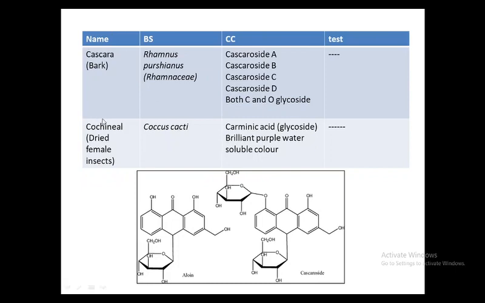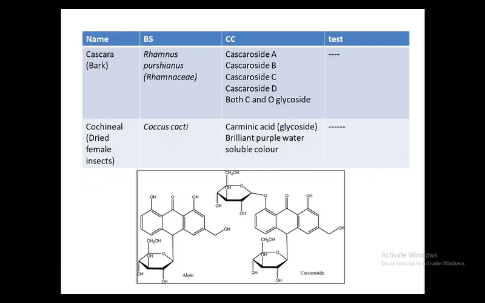Next, another example, that is cochineal. Cochineal is obtained from an animal source. These are the dried female insects of Coccus cacti, belonging to family Coccidae. This contains carminic acid as a glycoside, which shows a brilliant purple color in water.